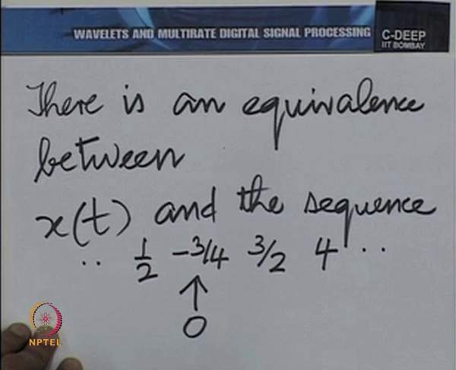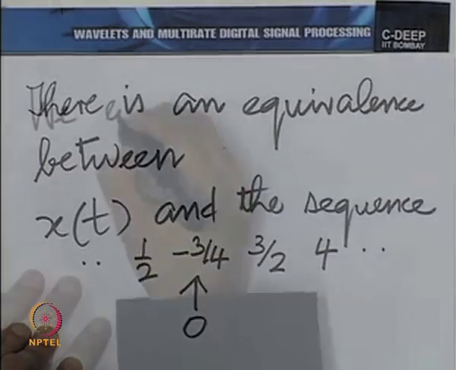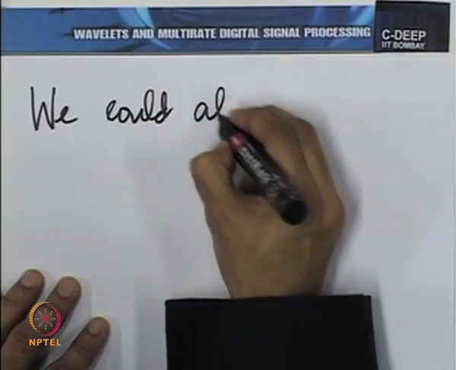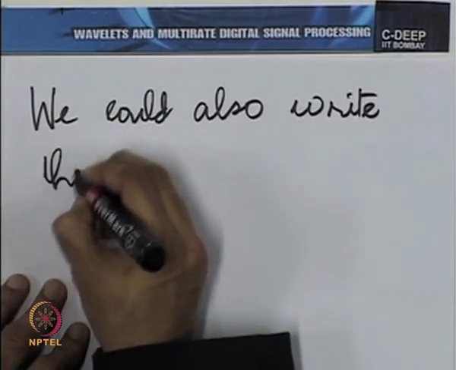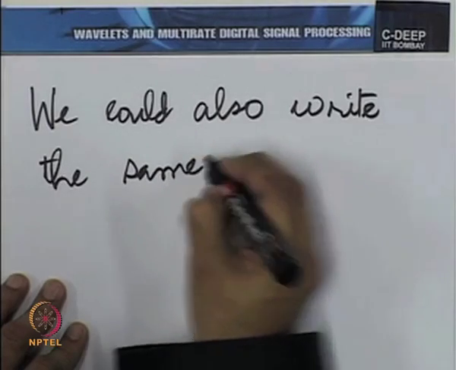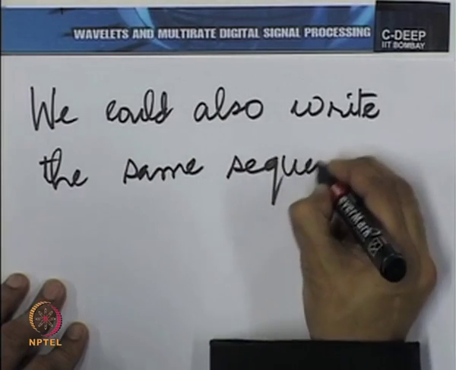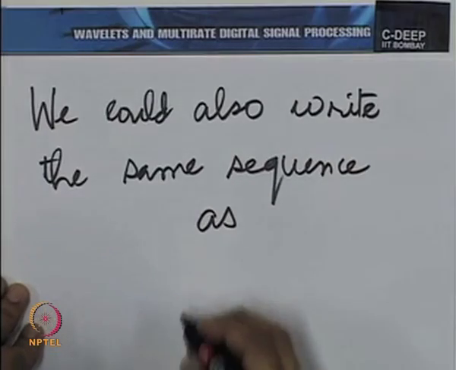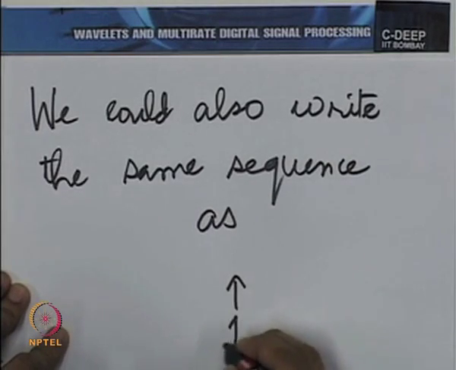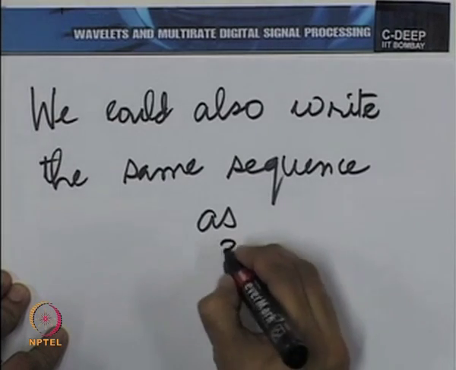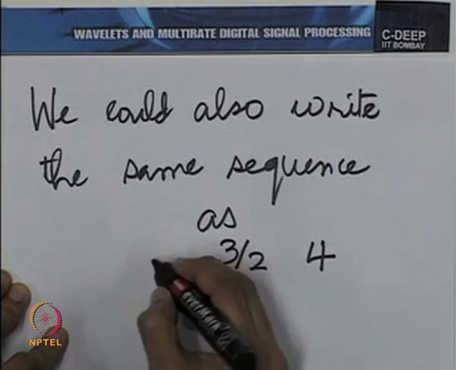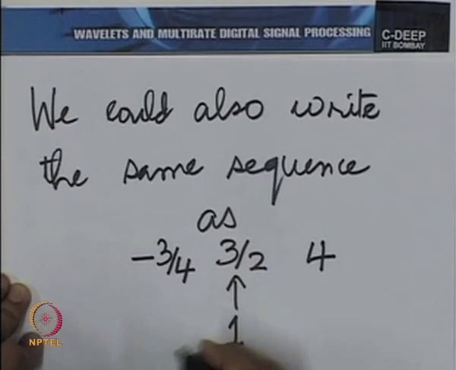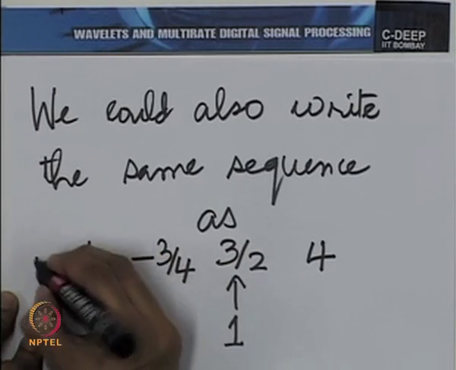Now, as an alternative, we could have as well written the same sequence in the following way. This is just to introduce notation properly. So, you could mark 1 for example, the sample at point number 1, and then the sample at point number 2 is 4, the sample at 0 is minus 3 by 4, the sample at minus 1 is half and so on.